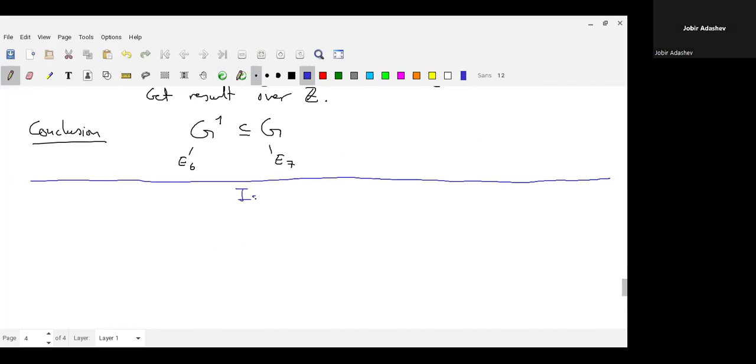So isotopes. And henceforth, I will require 6 to be invertible. So if I'm over a field, then 2 and 3 shouldn't be the characteristic, but now I'm over a ring.